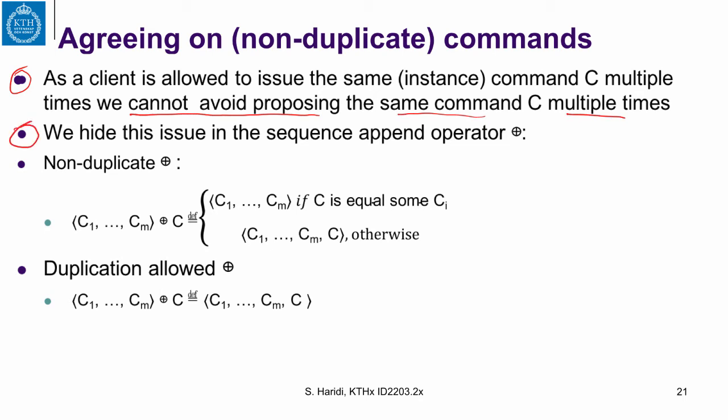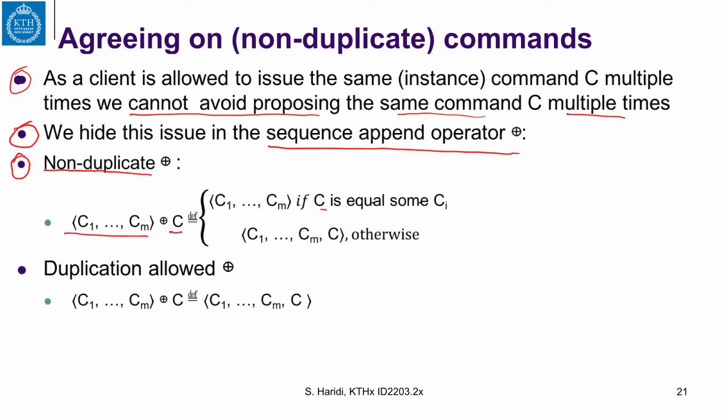At this point, we are going to hide this issue in the sequence Paxos algorithm in the so-called sequence append operator. So we can have two versions of the same algorithm that's going to be described. One that does not allow duplicate commands. So this is an append operator, so I'm asking to extend a sequence with one more command.